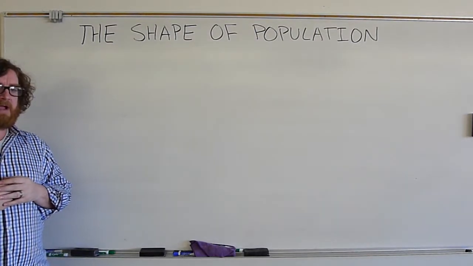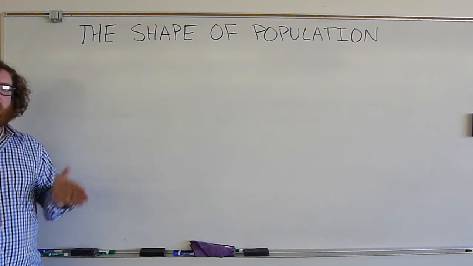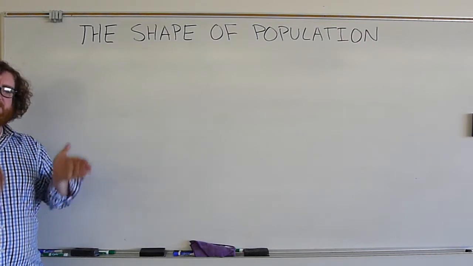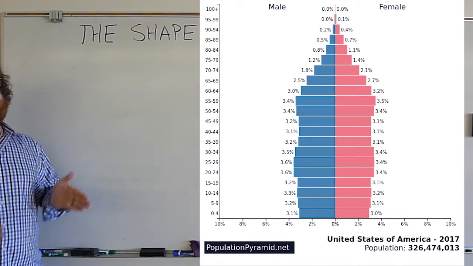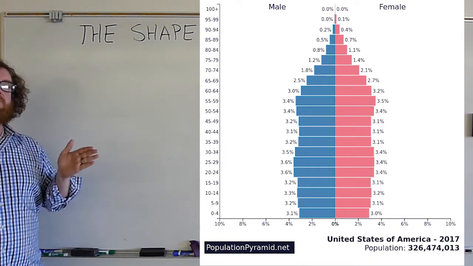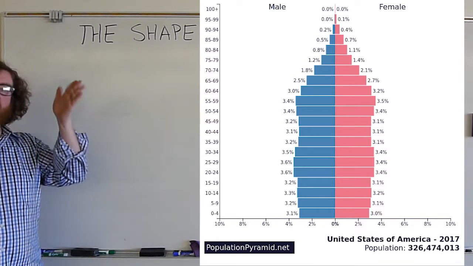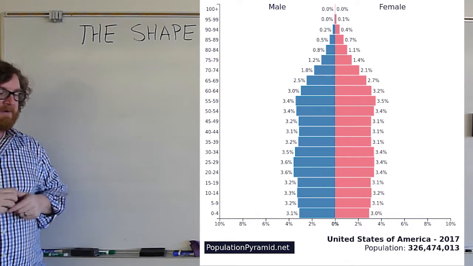So if we were to go back and look at the US population pyramid, notice that it doesn't just have straight lines, although it is generally fairly cylindrical, like a column, right? It's generally columnar.